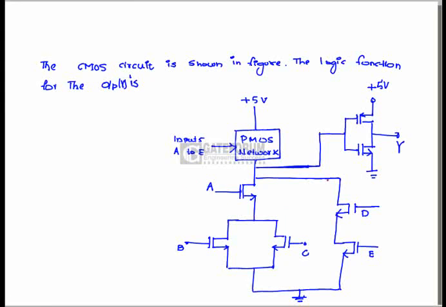In the given problem, we have to find the expression available at the output node Y. In order to find the expression for Y, we need to know the basic building blocks of CMOS logic for the AND gate, NOT gate and OR gate. Those are given like this.